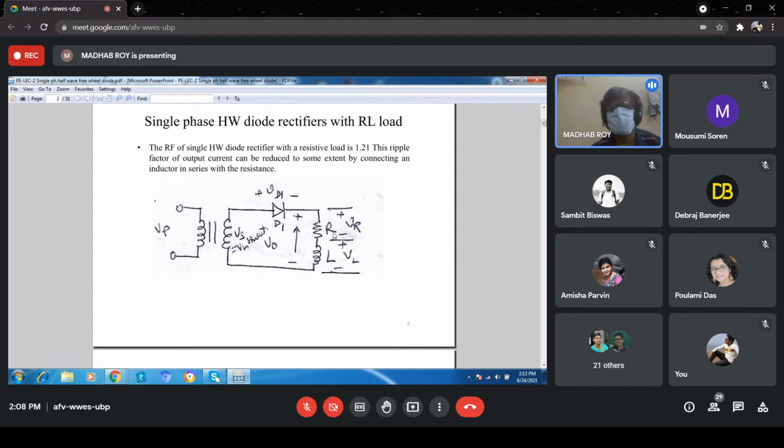But when the current will try to decrease, following the voltage applied to the circuit, so when voltage falls, the current will also try to fall, and in that case the inductance will oppose that falling of the current, the rate of falling of the current basically. And the equation you already know.